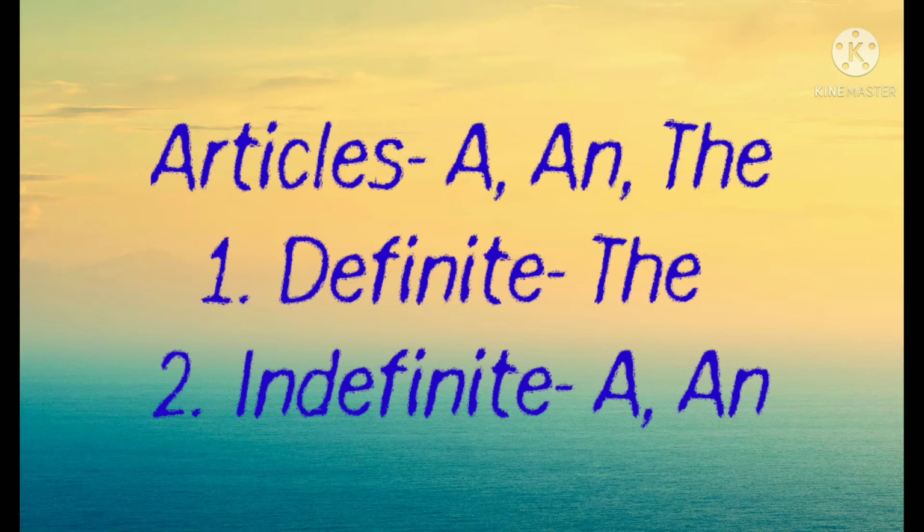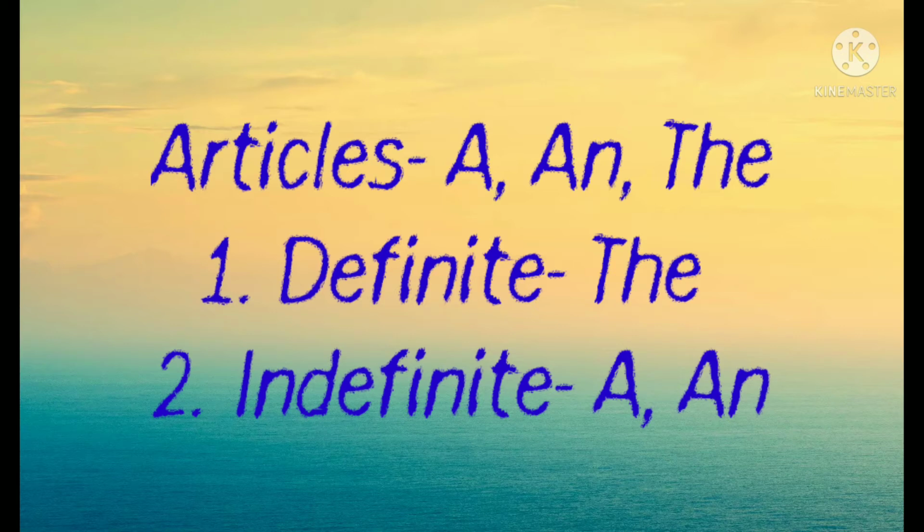We use these articles before nouns. For example, a man, the sun, an hour. So why do we use this? We use to modify the nouns. So as we use these articles to modify the nouns, automatically the articles also become the determiners.